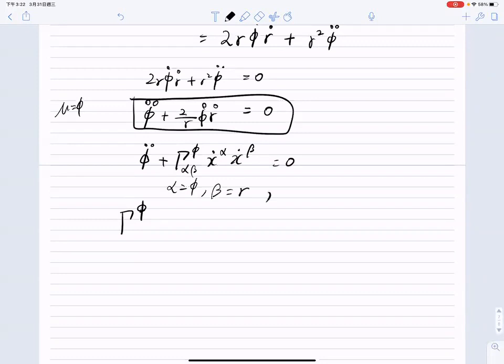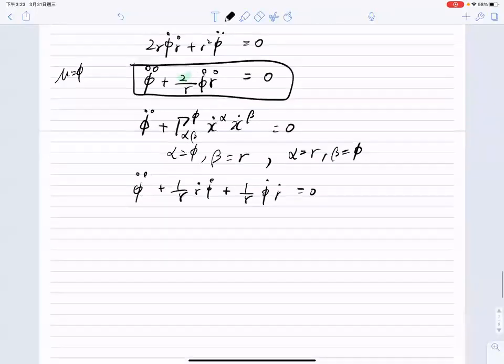And it will also be the same value for alpha equal to r and beta equal to phi. That's why the 2 automatically comes out. So here would be 2 terms, plus 1 r dot phi plus 1 r phi dot r dot is 0. And then you know that gamma phi r phi equals gamma phi phi r equals 1 over r, and the others are 0.